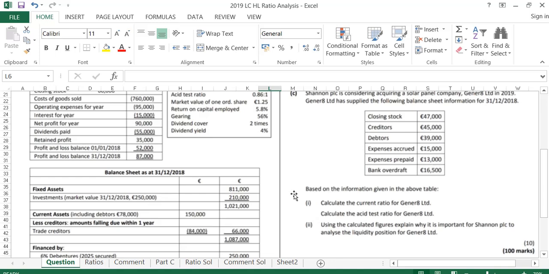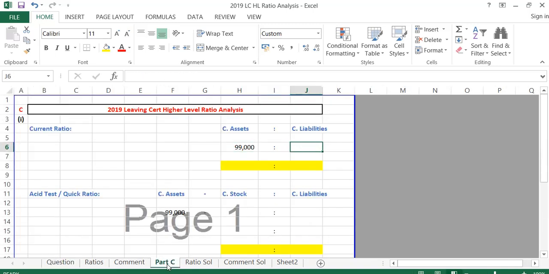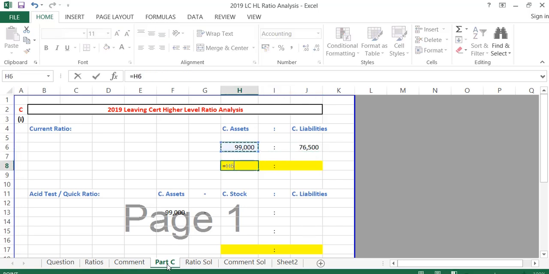So 45, 15, and 16,500. Which is 76,500. So to work that out, it's going to be 99 divided by 76,500 is 1.29 is to 1.